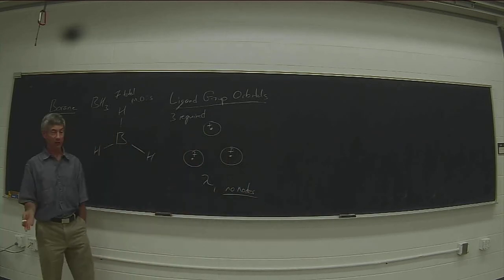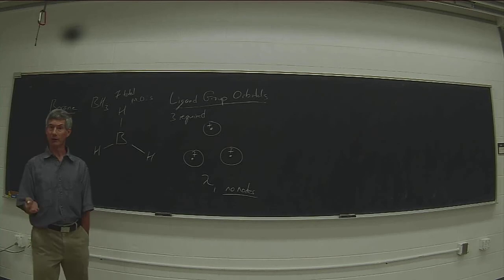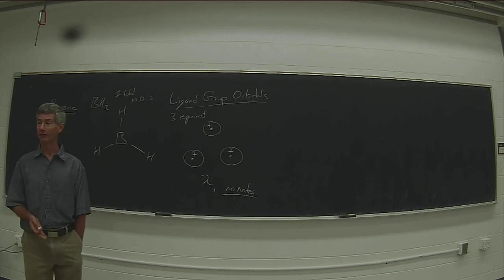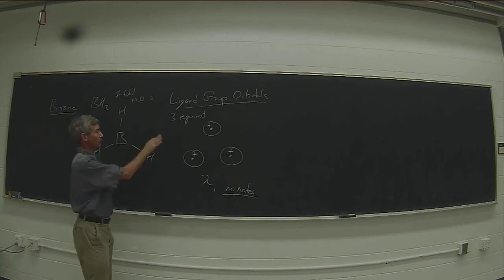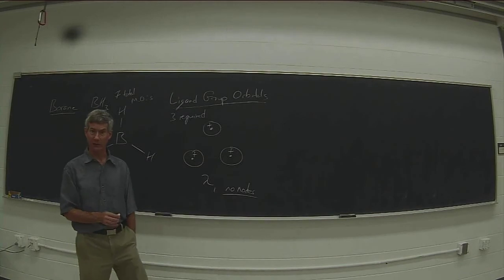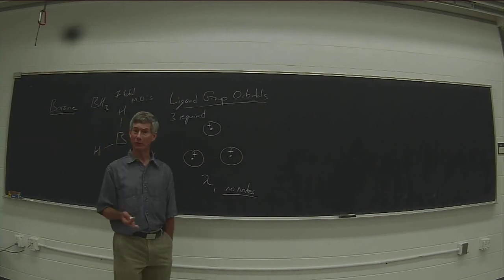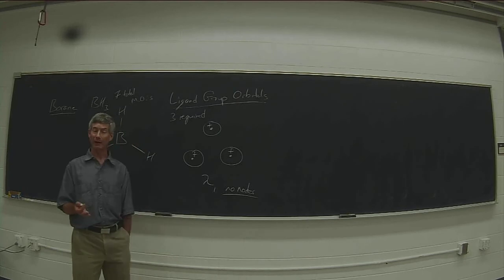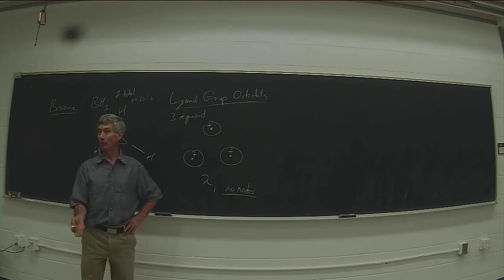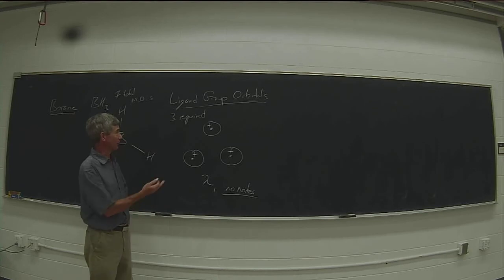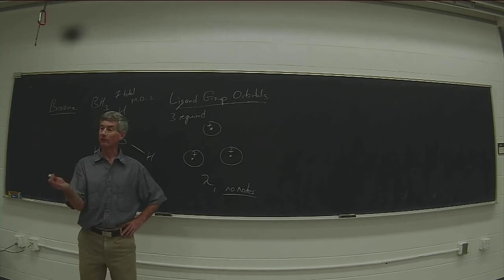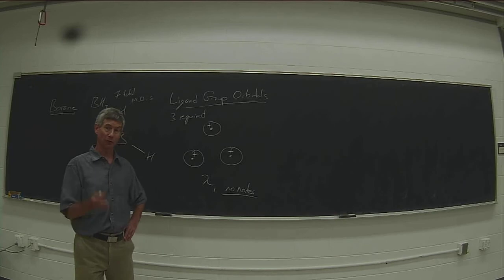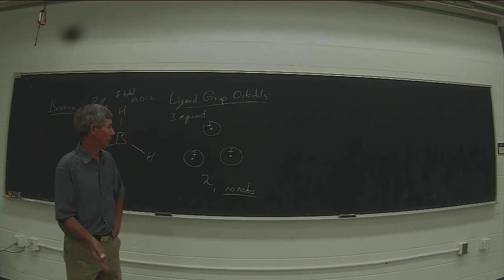In the case of beryllium hydride, there was only one other orbital we could create that had a single node bisecting the molecule. But now that we're working with a planar molecule instead of a linear molecule, there's more than one way that we can cut that in half. You can only cut a string in half one way, but you can cut a piece of paper in half 2 ways. And if you went to a 3-dimensional molecule, there'd be 3 ways to have a single node, because you can cut a cube in half 3 different ways.